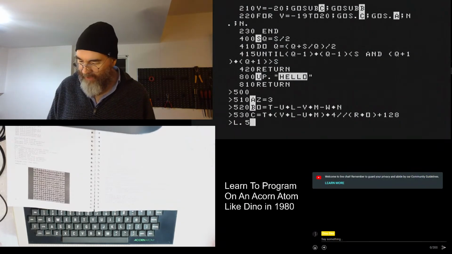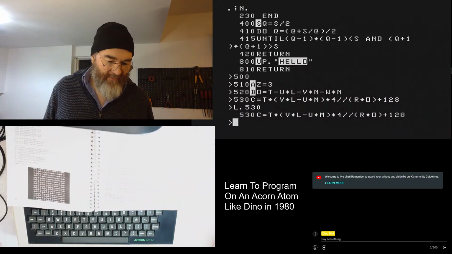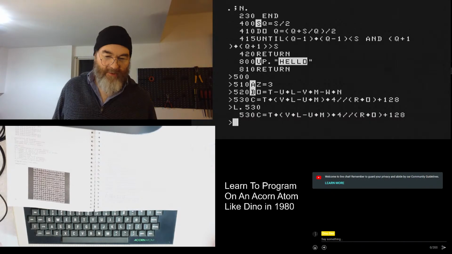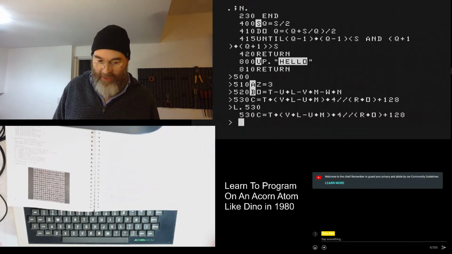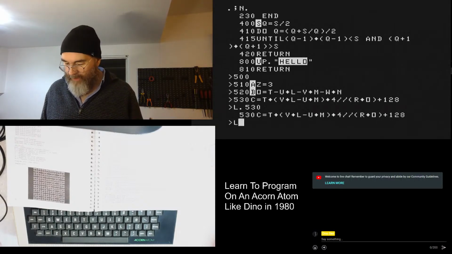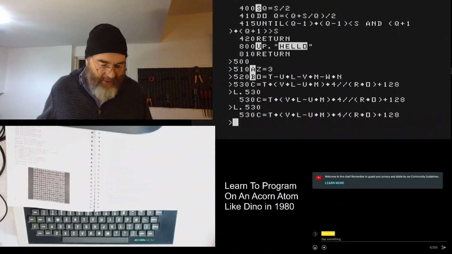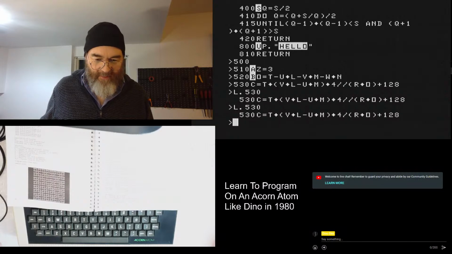So let's list that line 530 and check. C equals T times V times L minus U times N times 4 divided by R times O plus 128, except I ended up with the key bounce, which has given me 2 of these. So let's skip one and copy the rest of the line. List 530. C, let's check again. C equals T times V times L minus U times N times 4 divided by O.